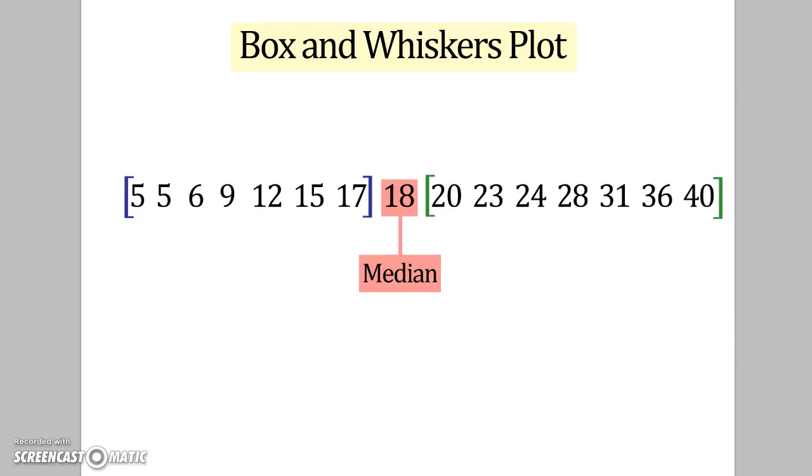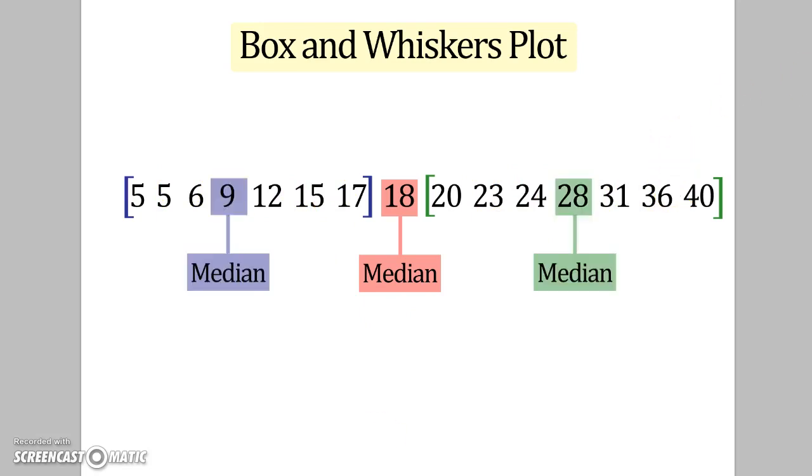Okay, back to our original data set. First step is we must find the median, and in this case the median value is 18. After we've found the median value, we now can separate the first and second quartiles from the third and fourth quartiles. With this being the first 2 and this being the last 2.